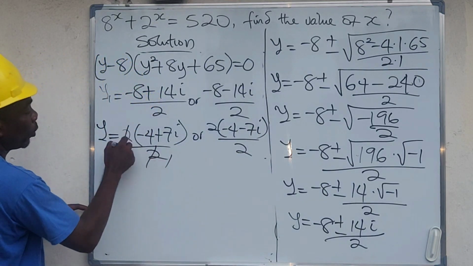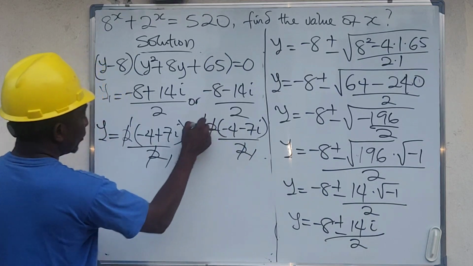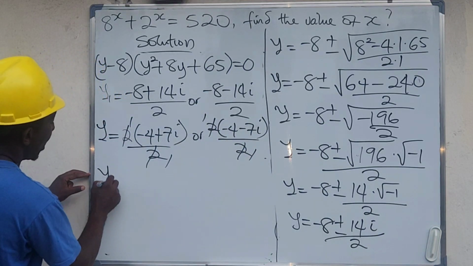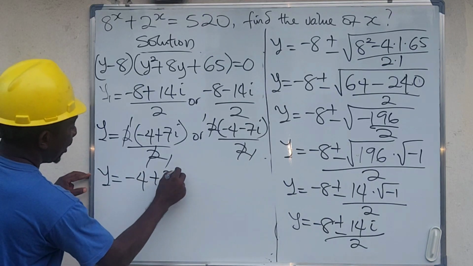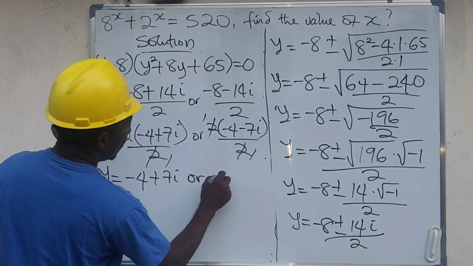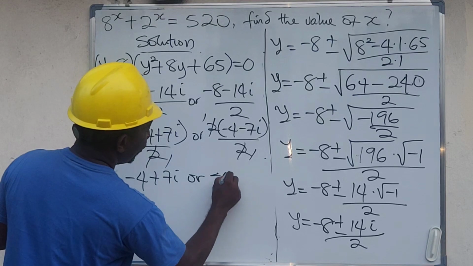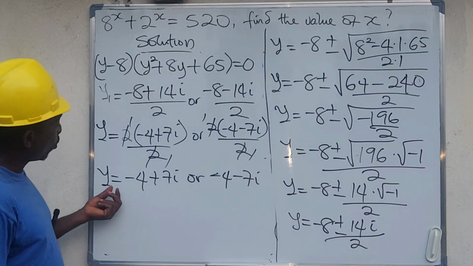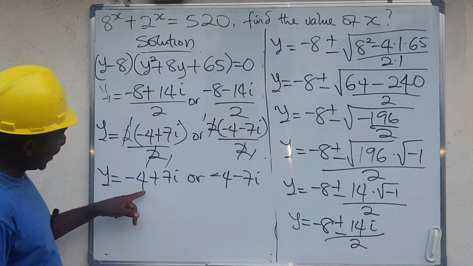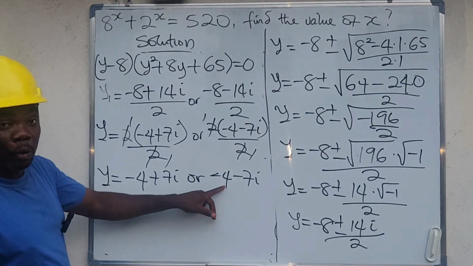So the 2 will cancel here, and the 2 will cancel here. We are now left with y equals minus 4 plus 7i, or we have minus 4 minus 7i.